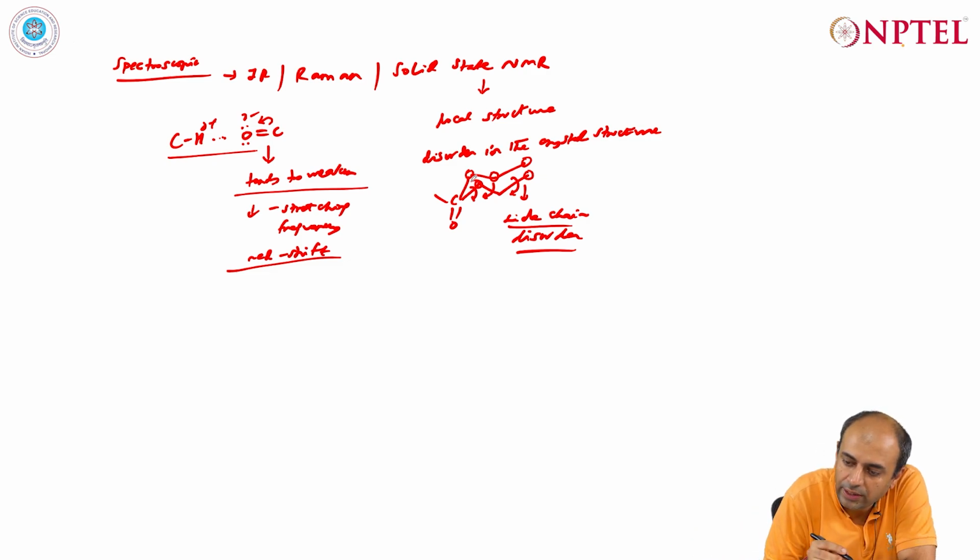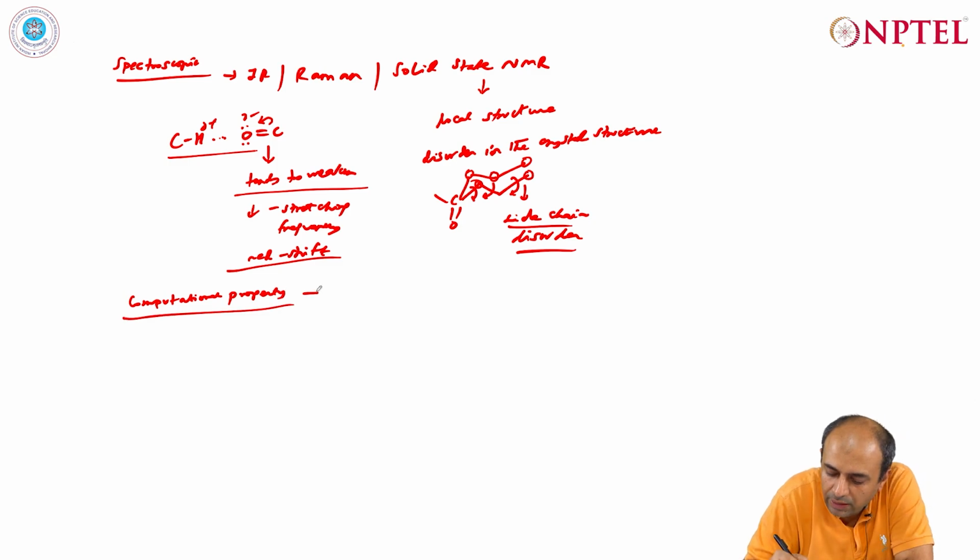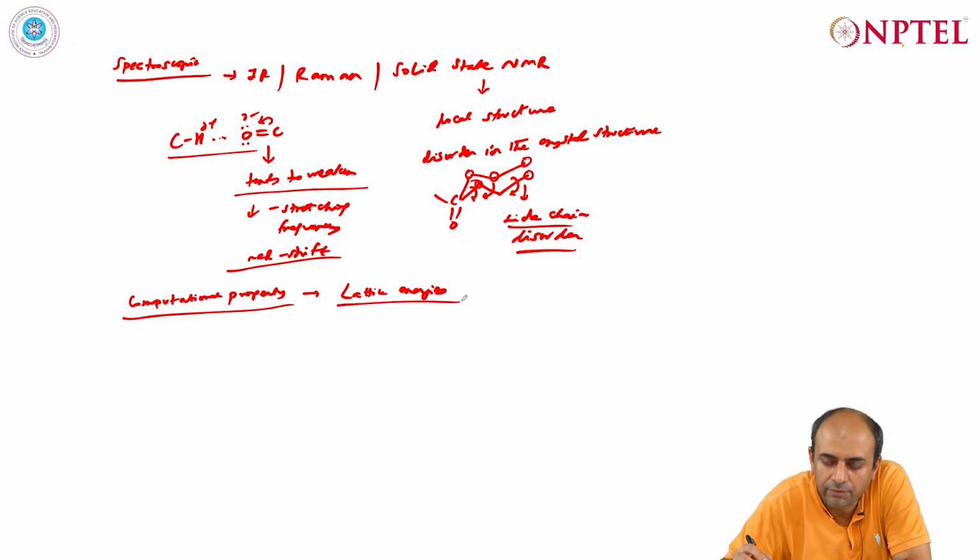The next thing we would like to look at is the computational property. So we can now evaluate the lattice energies, and today there are many softwares which are available to compute the lattice energy of a solid.